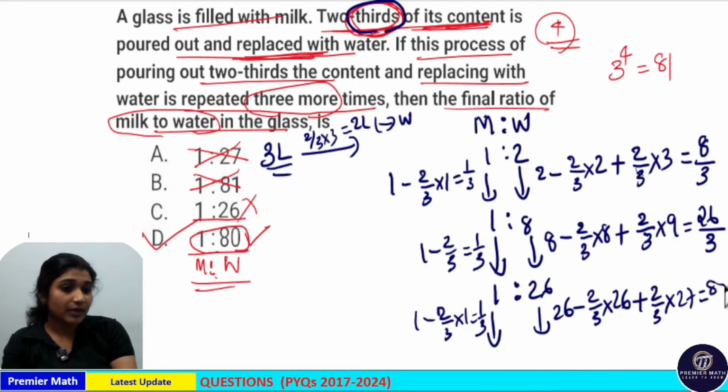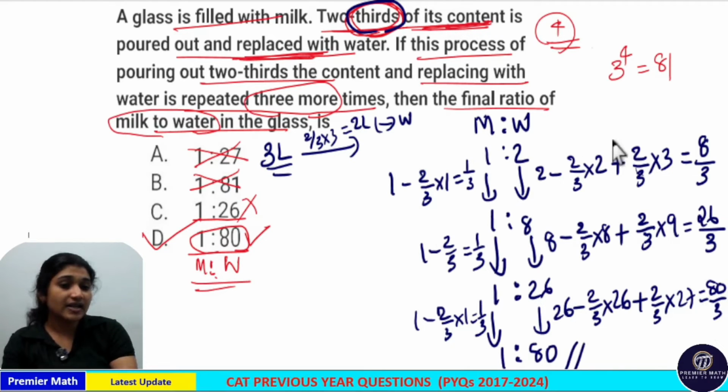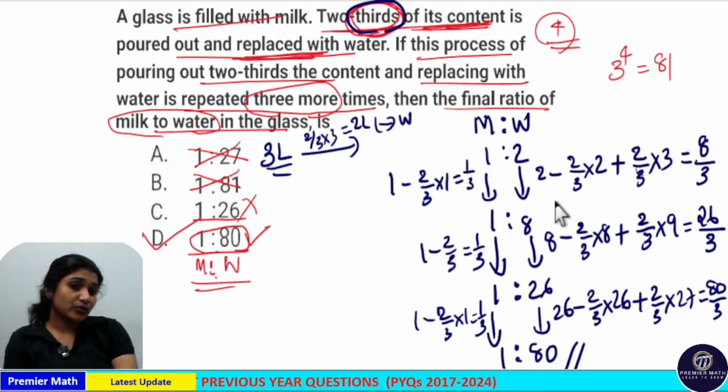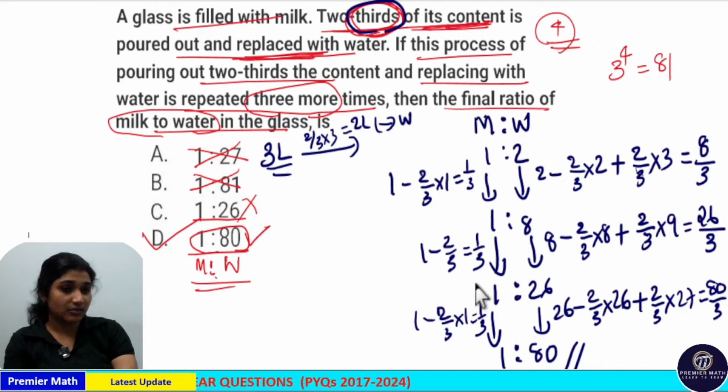So this will become 80/3, which means 1/3 to 80/3 is 1:80. This is the actual concept, the basic concept. I'm not telling you to solve it. This is the basic idea of mixture replacement.